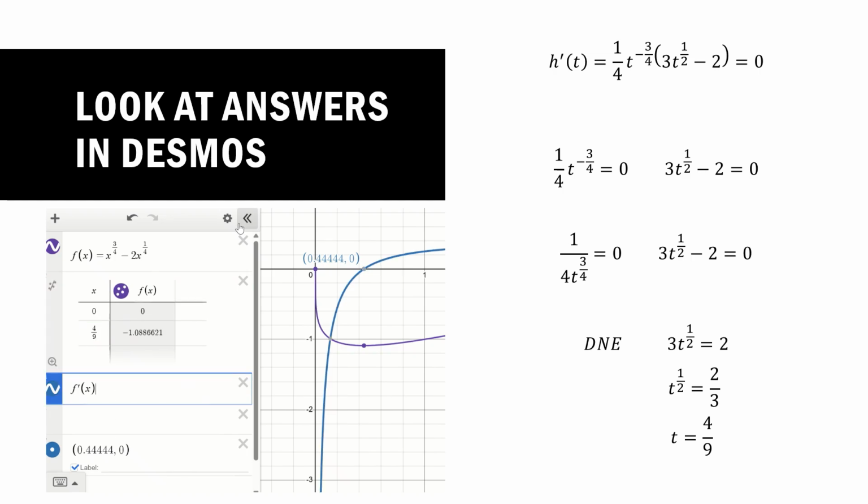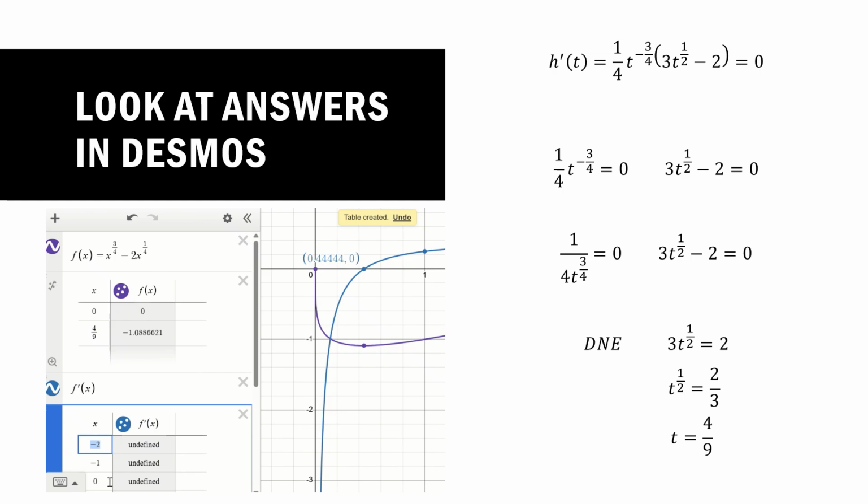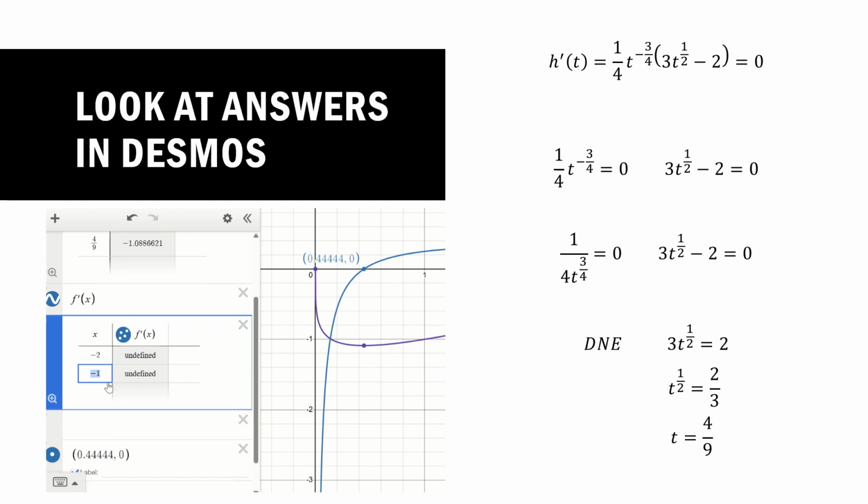And then I come over here, tell my derivative that I also want a table. Zero and 4/9.